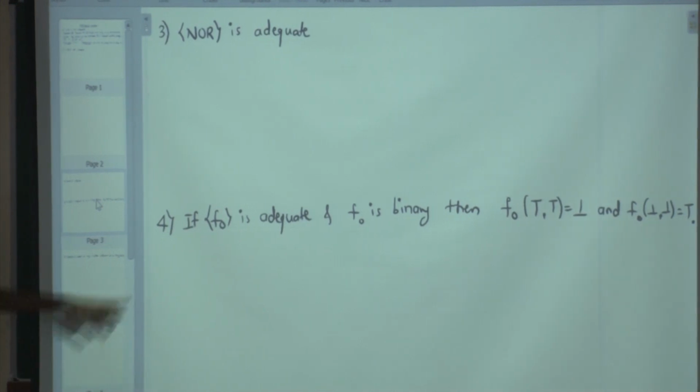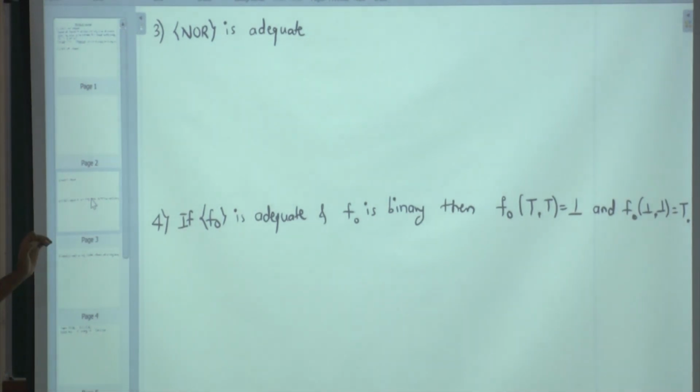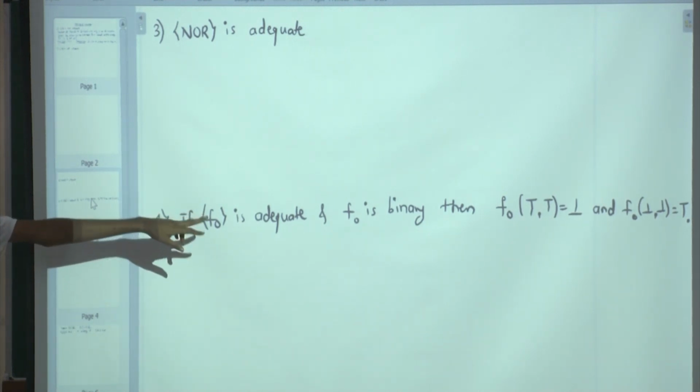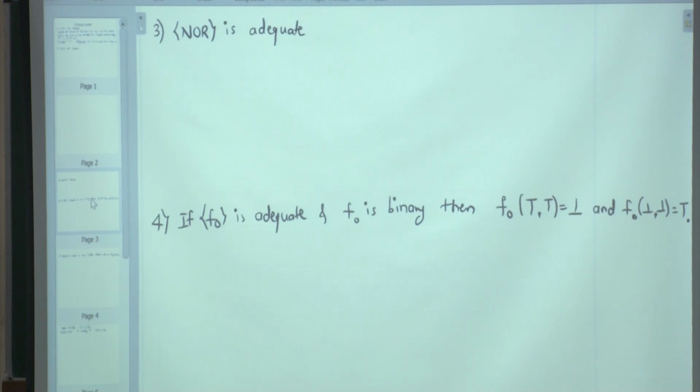Now I want you to go a bit further and look at problem 4 now. If F0 is an adequate binary connective, a singleton adequate binary connective, then we are trying to show that F0 of true is false and F0 of false is true. What is this argument? Tell me. If it is true, then it will always be true.